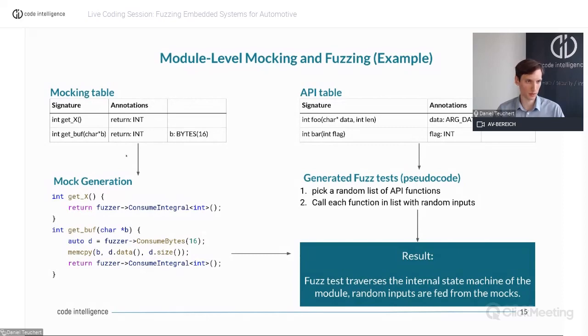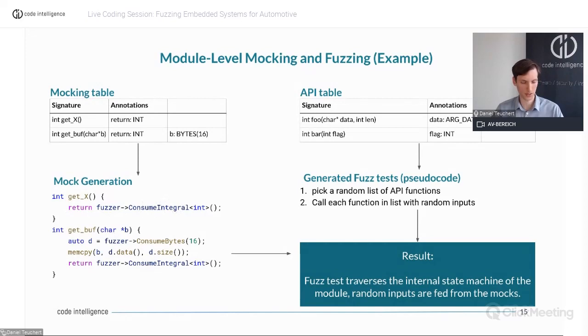And when we, from this table, use our script to automatically generate the implementation, then we get this function, int getX. And as you can see, this function does not do anything other than just returning a value. And here we are using the fuzz data provider that I talked about before.